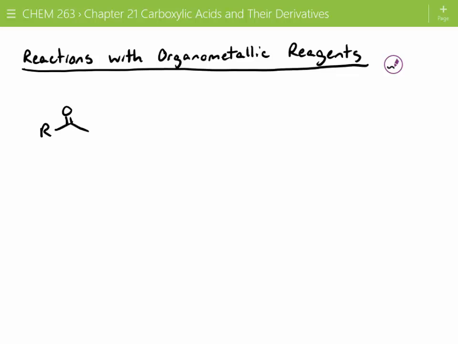Where we have a metal covalently bound to a carbon. Not quite. How do we get a really strong carbon nucleophile? A Grignard reagent. So the most common one that we've seen is with Grignard reagents.